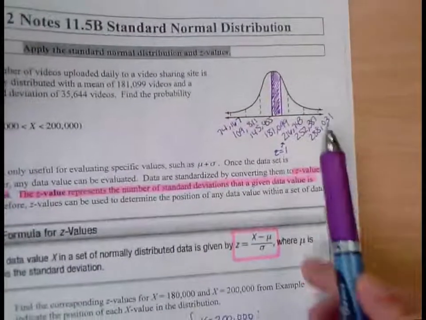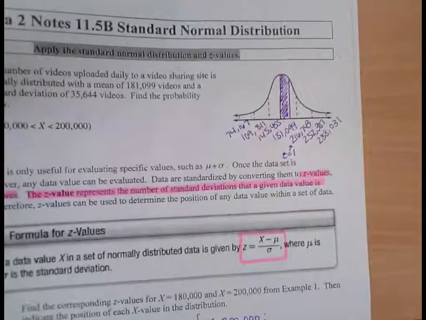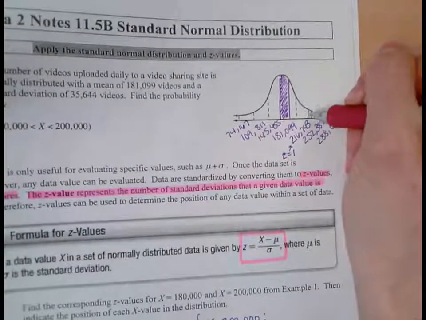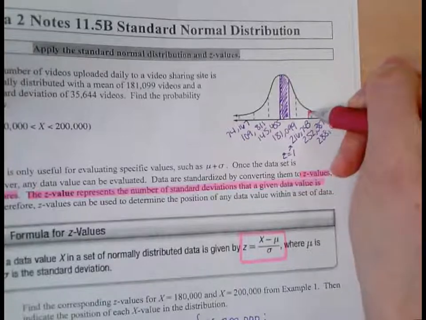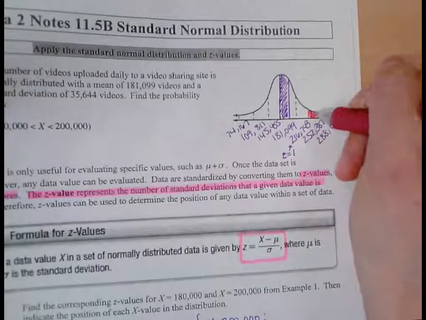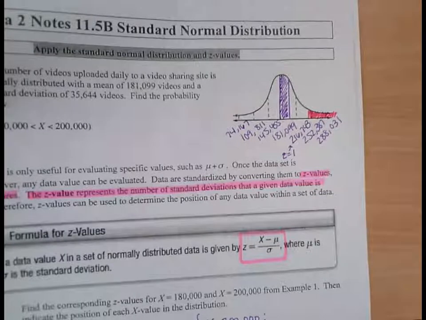So on my graph, I'm just flipping back to the front. For this one, if I locate approximately where 250 would be, because again, it's not one of my values, so it'd be about right here. And I want to know values that are greater than that, so I'm finding this area or probability for question B.